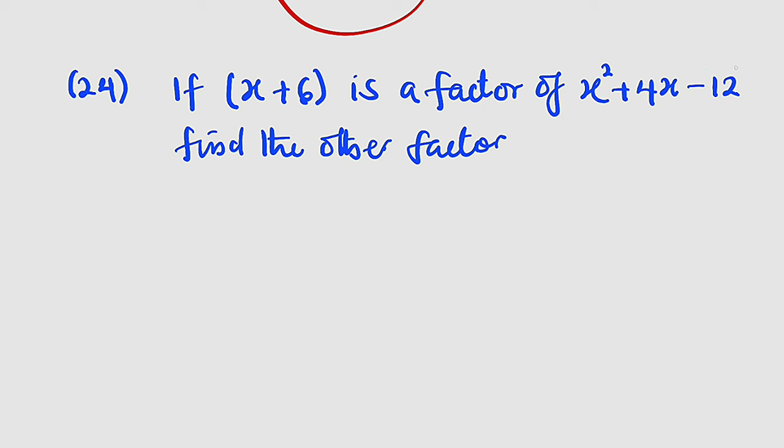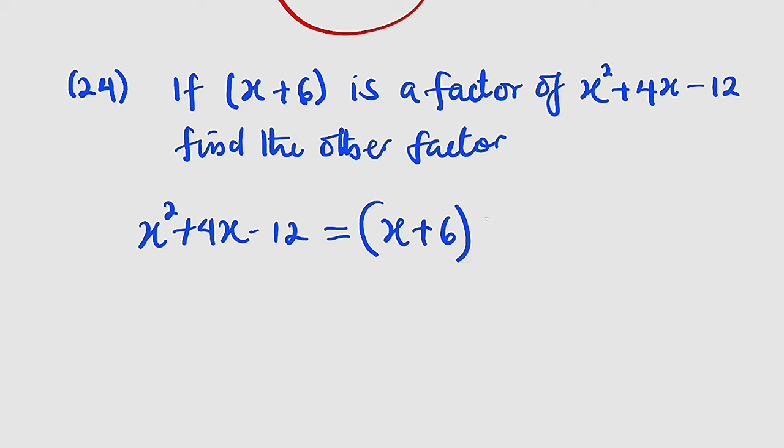So two numbers you can multiply to get negative 12, but the moment you add them together, you get 4. The numbers are 6 and negative 2. Therefore, x squared plus 4x minus 12 is equal to x plus 6 multiplied by x minus 2.